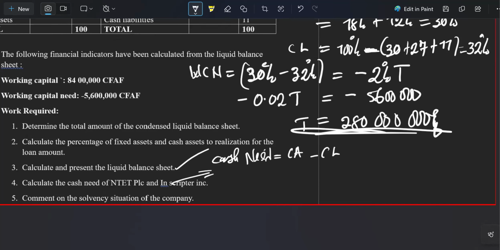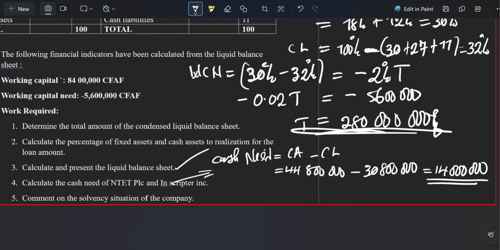So we're going to have 44,800,000 minus 30,800,000. This is going to give us 40 million. So we have 40 million as our cash needs.